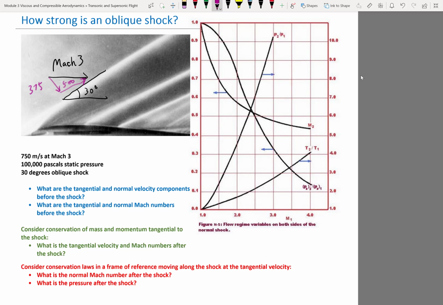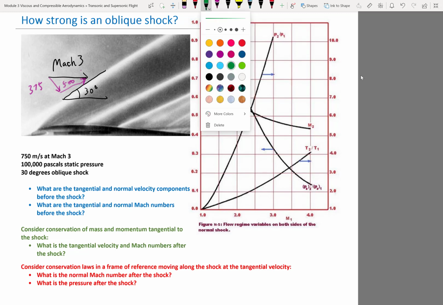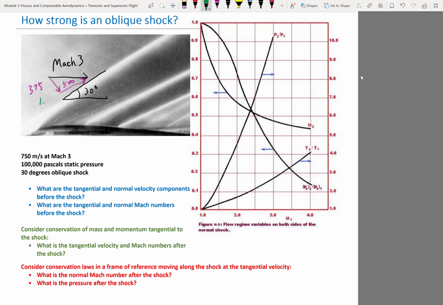Now, what are the tangential and the normal Mach numbers? Instead of Mach 3, we'll just say the Mach number in the normal direction is going to be 1.5, right?